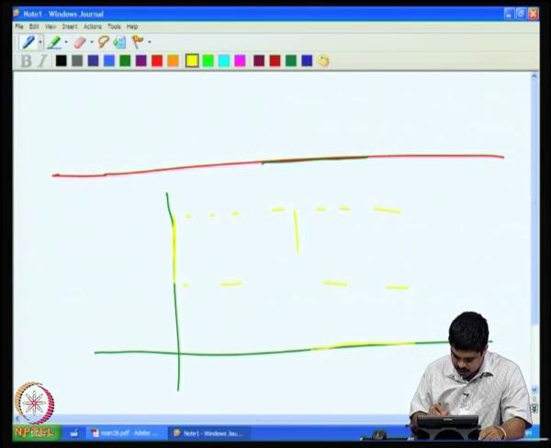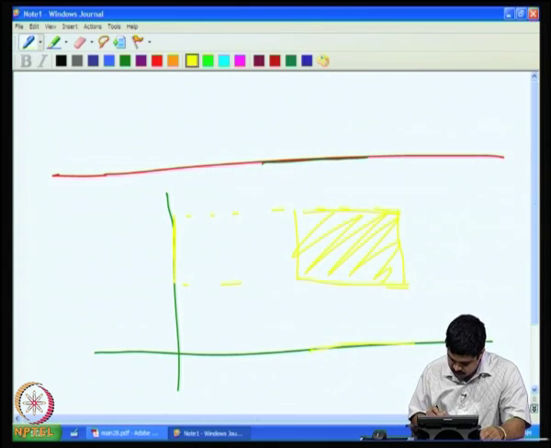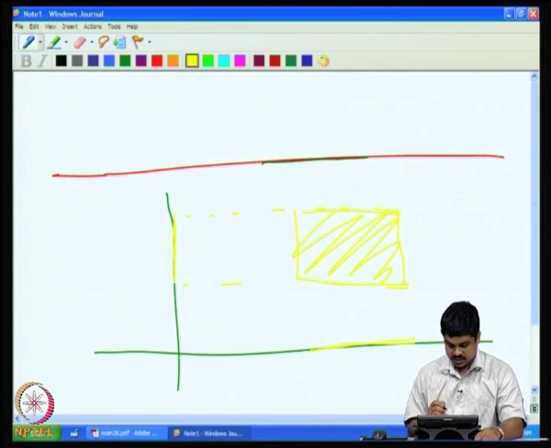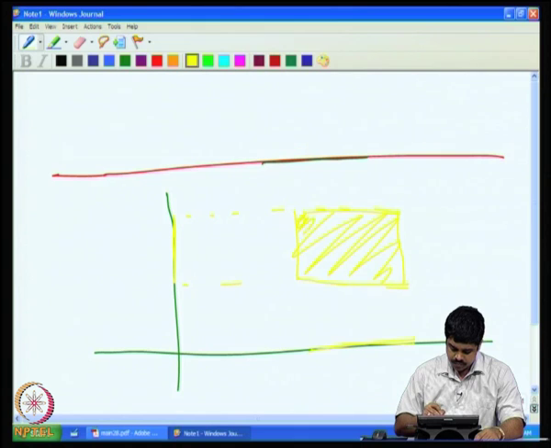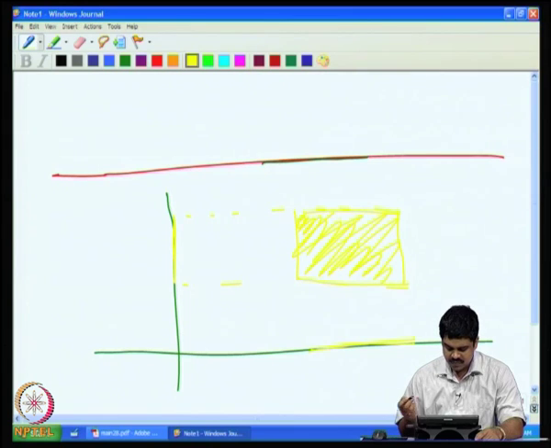Because when you take the Cartesian product, we see this thing. So, in other words, this rectangle's projection is this interval, and this rectangle's projection is in this interval. So, in that sense, these are kind of two dimensional intervals. So, that way we can think that this is a generalization of interval graphs.